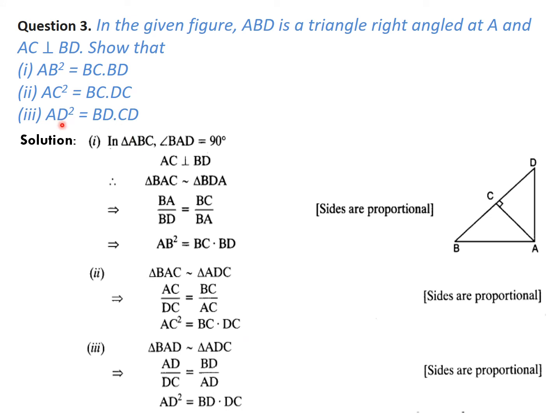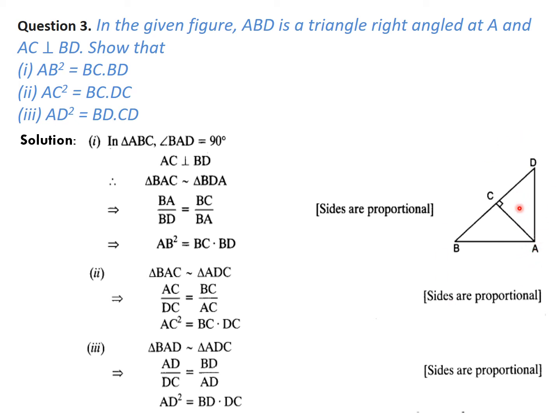The third one asks us to prove AD square equals BD into CD. So the sides associated here are AD, BD and CD. AD appears twice. So we'll have AD and BD, that is triangle ABD, and AD and CD, that is triangle ACD. So triangle ABD and ACD.